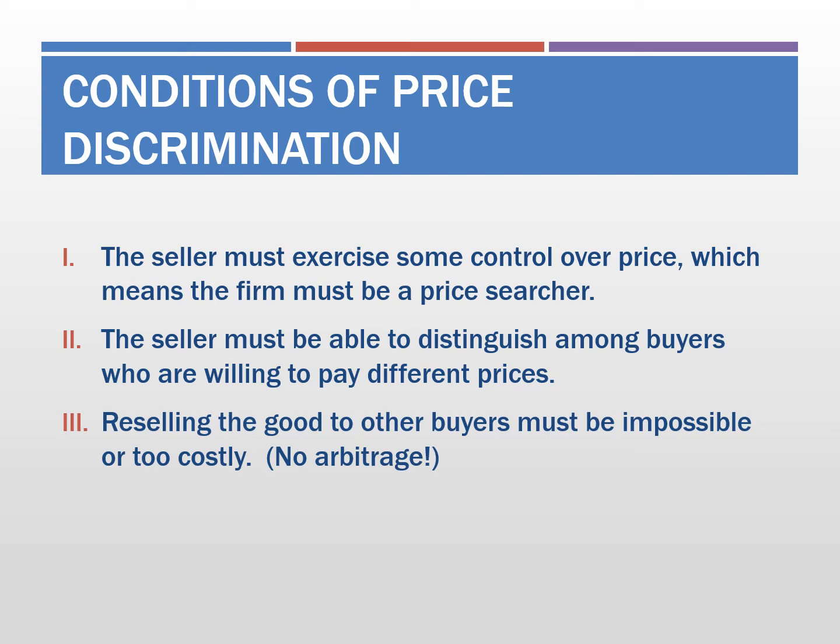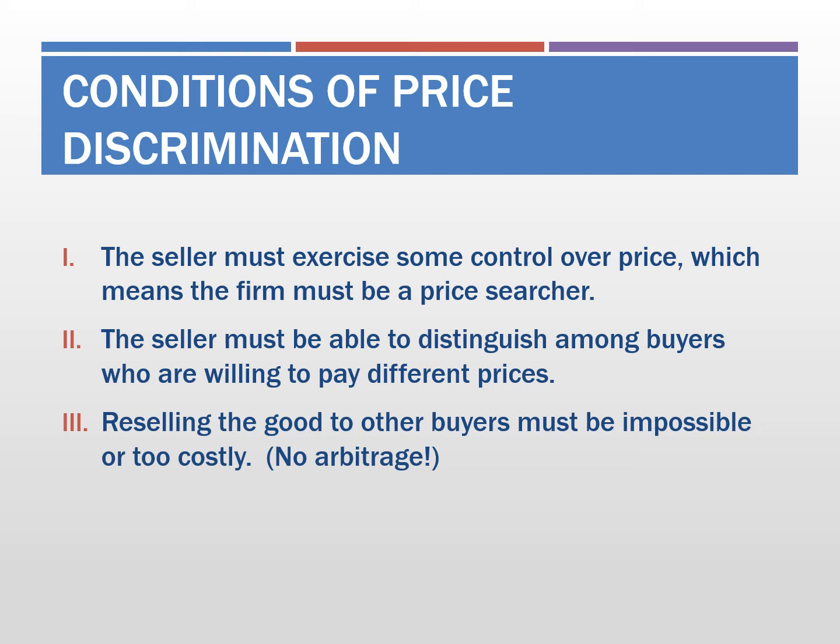That means the firm must be a price searcher in the market, or it must be facing a downward sloping demand curve. Number two, the seller must be able to distinguish among buyers who are willing to pay different prices. It could be individual buyers, or it could be groups of buyers.